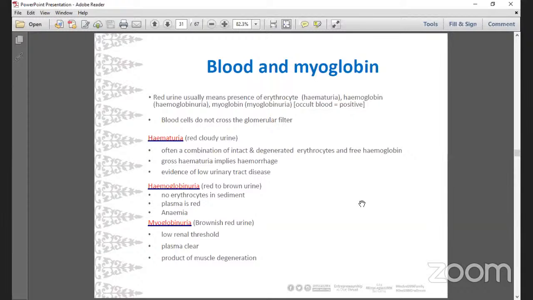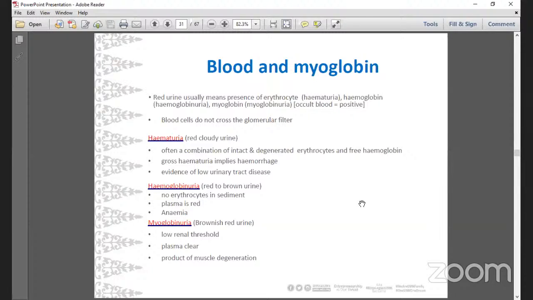One thing to take note, students, the blood cell cannot pass the glomerular filter. Hematuria is a red cloudy urine. It's often a combination of intact and degenerated erythrocytes and also free hemoglobin.